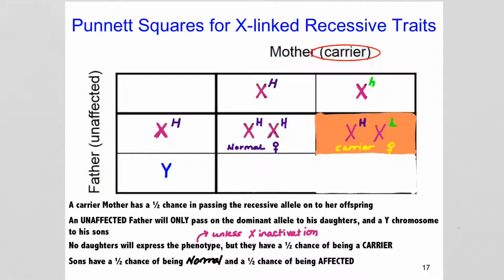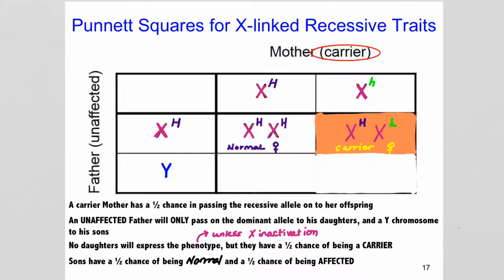However, in this square, we have another female, so a daughter, that actually is heterozygous. So she ends up inheriting the mutated h allele, the recessive allele, from her mother. So now she is also a carrier.